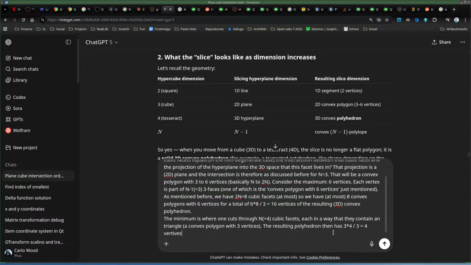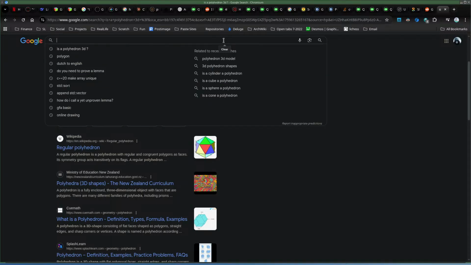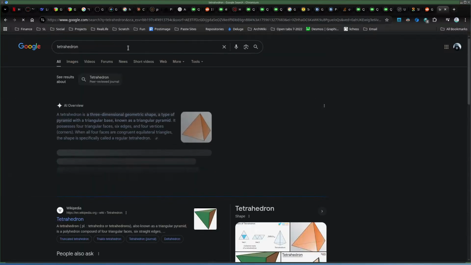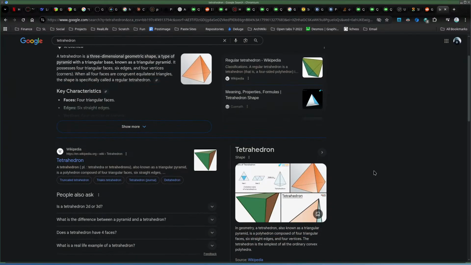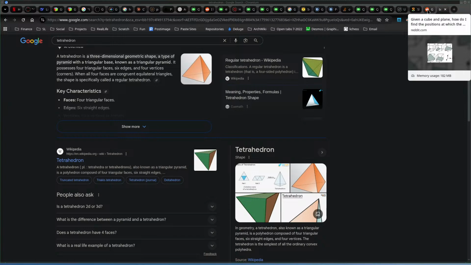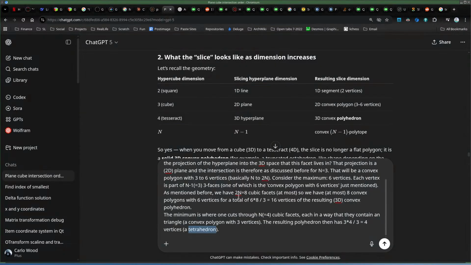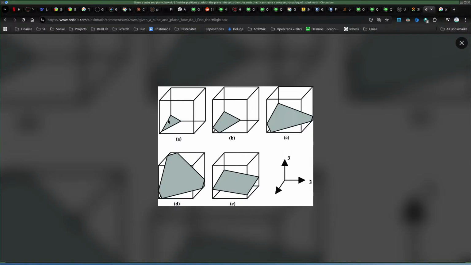Is that even possible? I guess it's possible. It's a tetrahedron, isn't it? Just checking the word. Yep. Which feels totally true. Because, let's say in the 3D case, the smallest one is a triangle with 3 points. So one dimension up, obviously, that's going to be a tetrahedron. I mean, what else can it be?